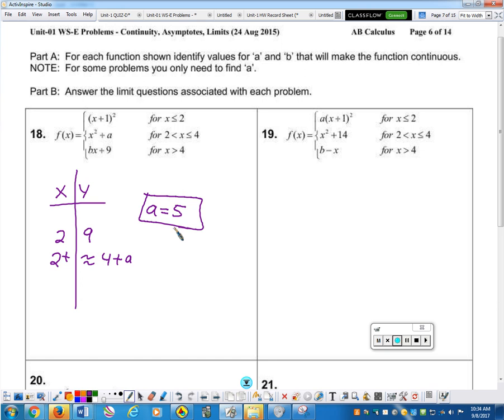So now I'm here, and I need this to equal 26. Plus 9. What is x? B equals 3.